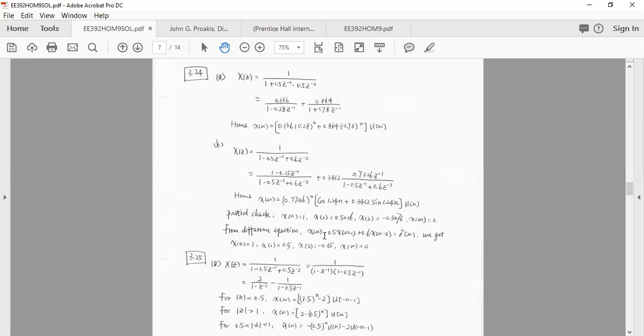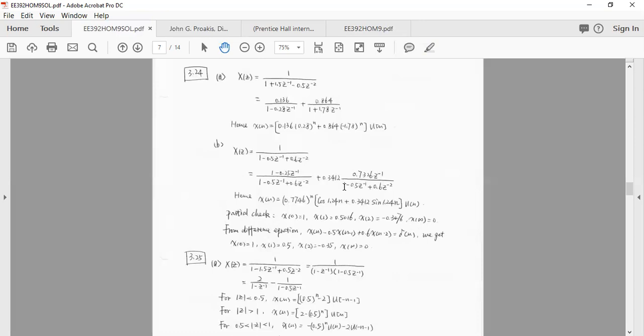Assuming that, x of 0 equals delta n, which is basically 1. Then x of 1 is 0.5, x of 2 is negative 0.25, and x of infinity is basically equal to 0. So this part is approximately equal to the previous part.